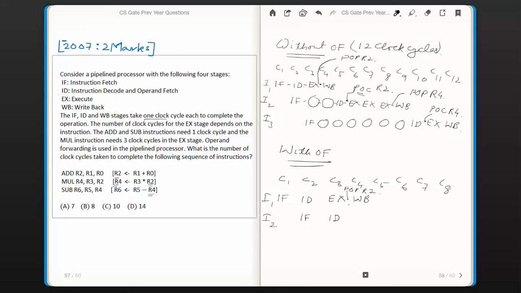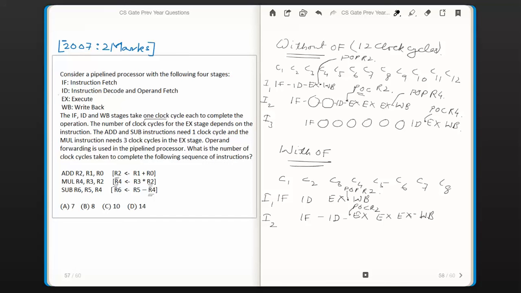We can schedule the execute stage of I2 here, because the point of consumption of R2 is here, and as the point of production is before the point of consumption, the execute stage can be scheduled here, right? And after that 2 more cycles would be allocated to the execute stage followed by write back. So on C7 the second instruction would get completed.